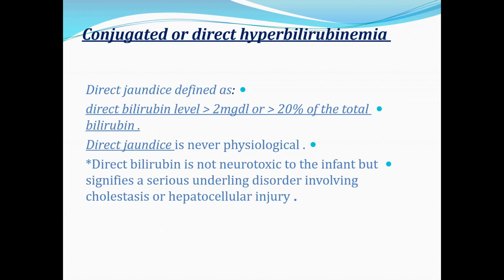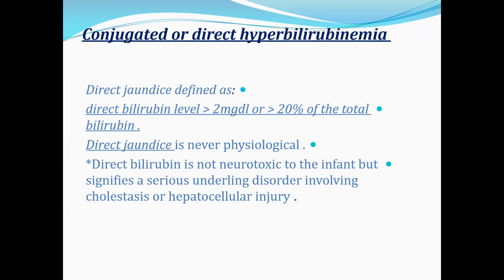A few lines about conjugated or direct bilirubin. Direct jaundice is defined as a direct bilirubin level of more than 2 milligrams per deciliter or more than 20% of the total bilirubin.